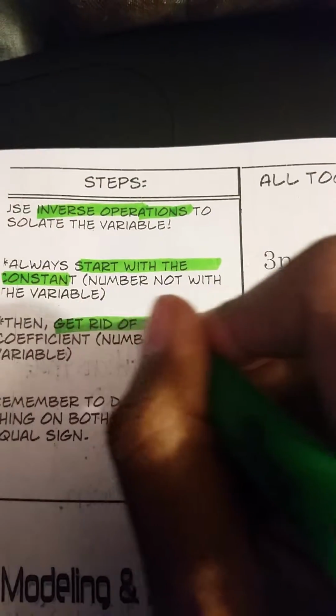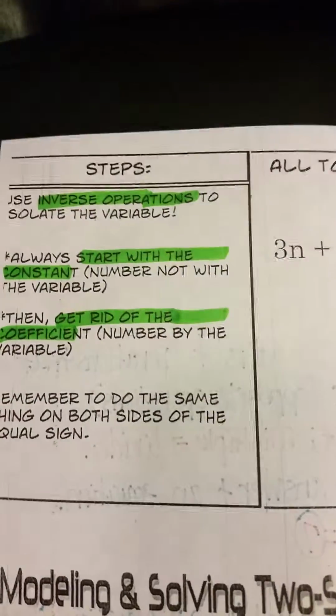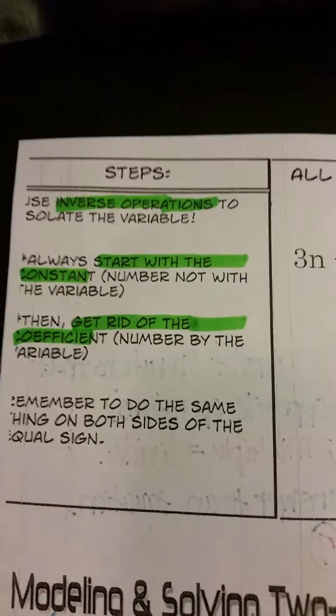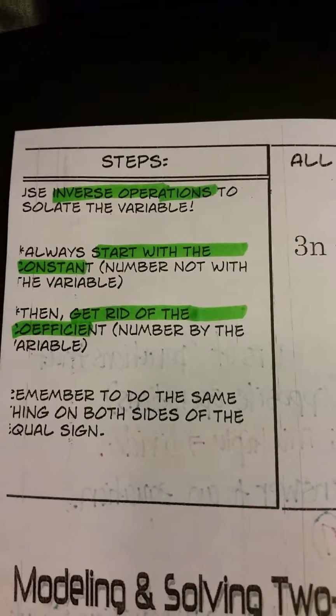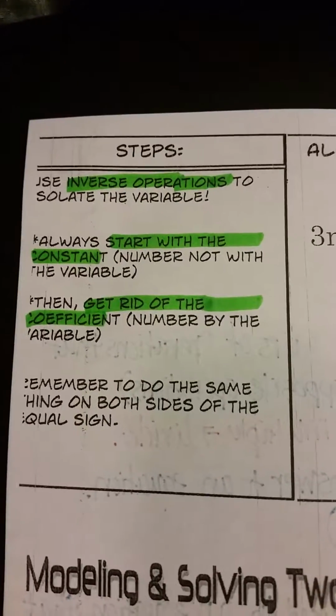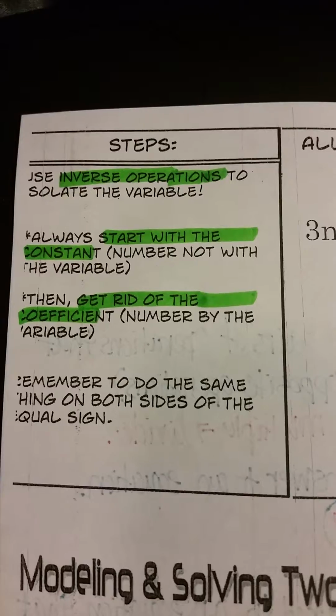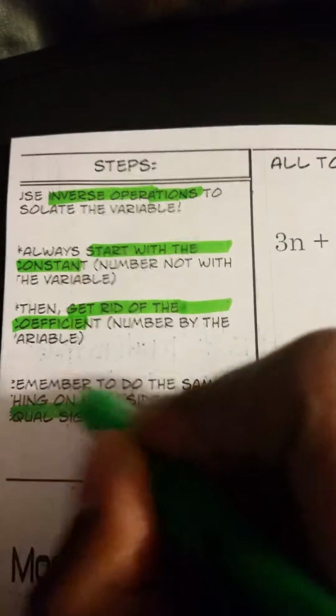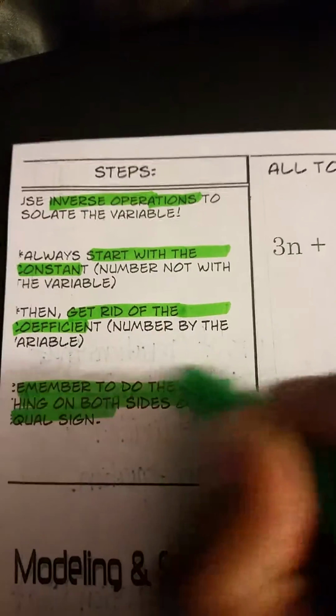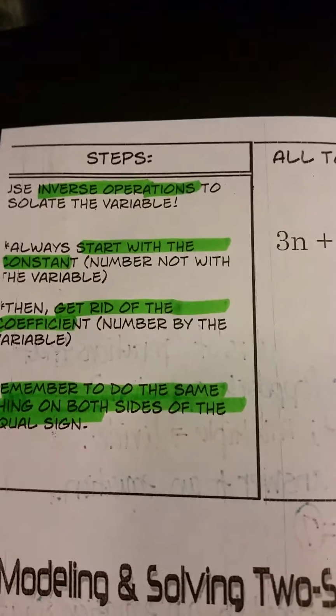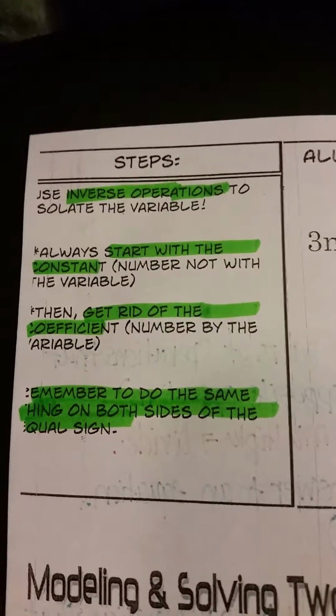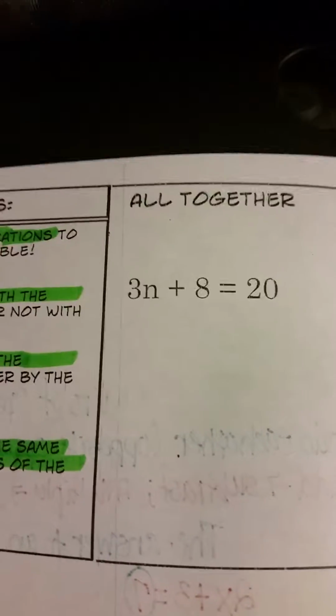And we do that by inverse operations as well. And remember to do the same thing on both sides of the equal sign. Okay, so this is a big thing here. Do the same on both sides of the equal sign, because just like with having a scale, it has a balance.